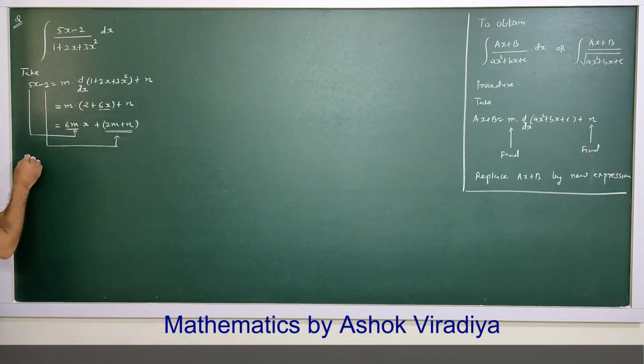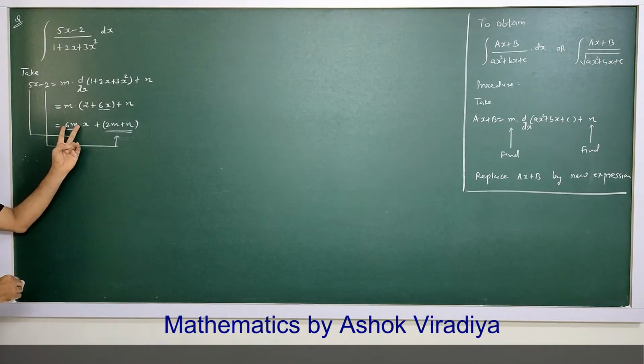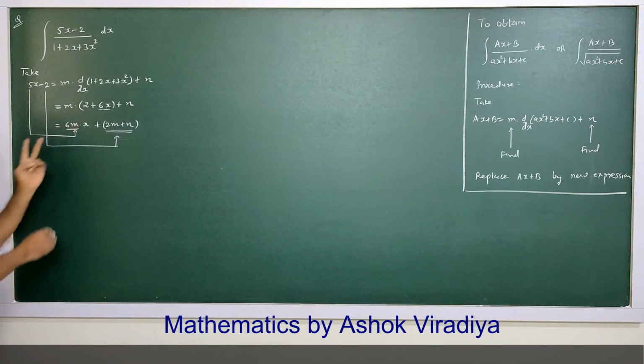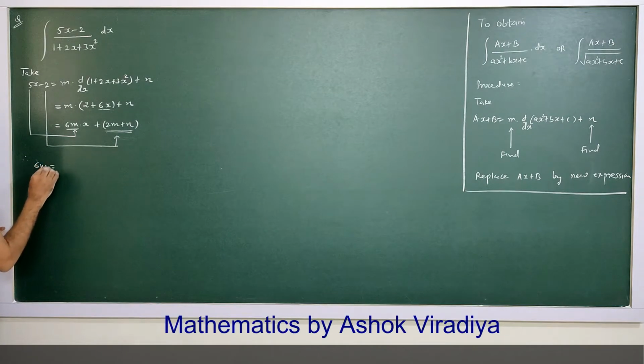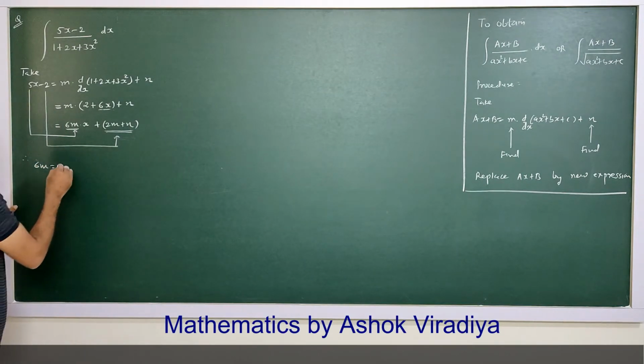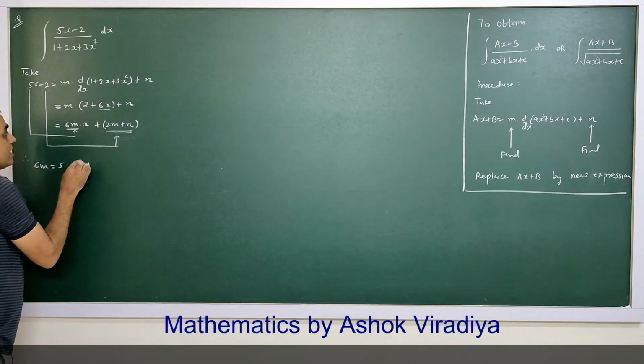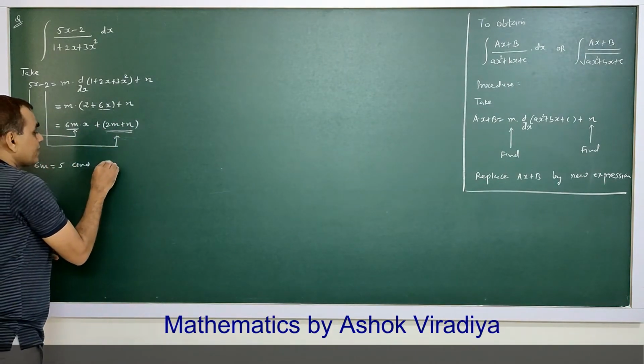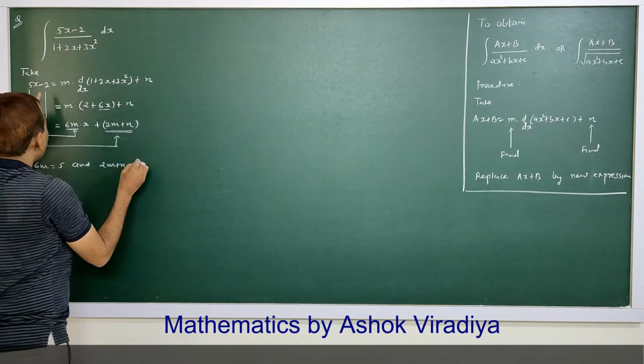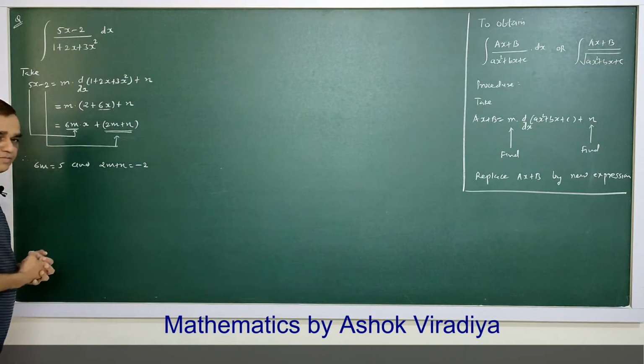So comparing both sides, coefficient of x on the right hand side 6m equal to coefficient of x on left hand side, and constant on the right hand side equal to constant on left hand side.